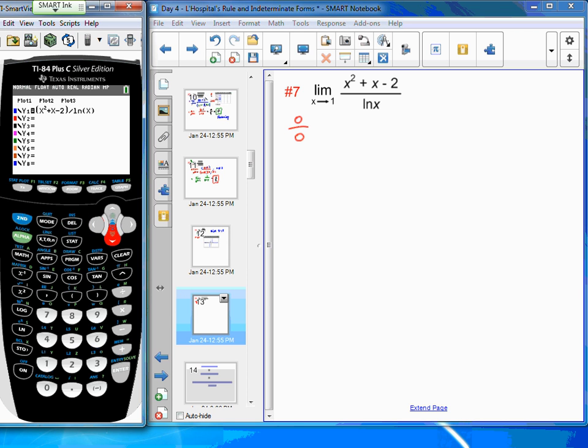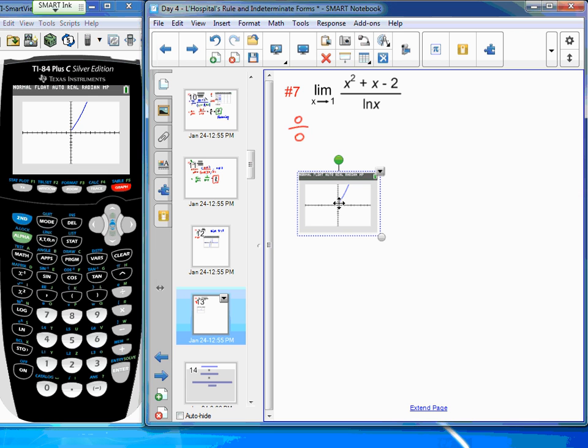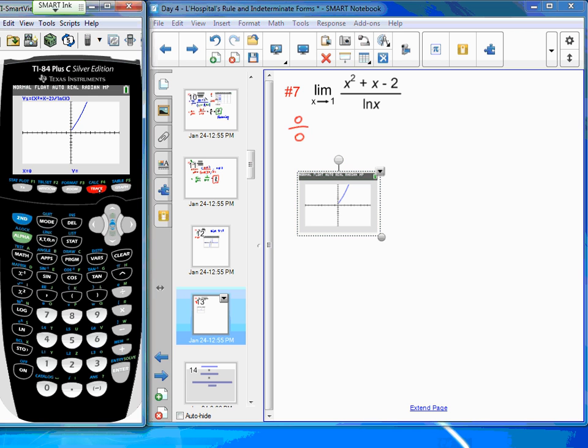And we're letting x approach 1. I don't know what this looks like. So as x approaches 1, I have no y value returned, and yet my function appears to be smooth and well behaved.